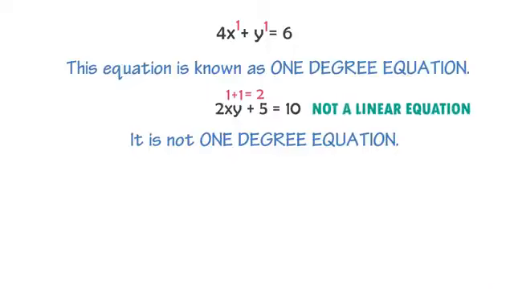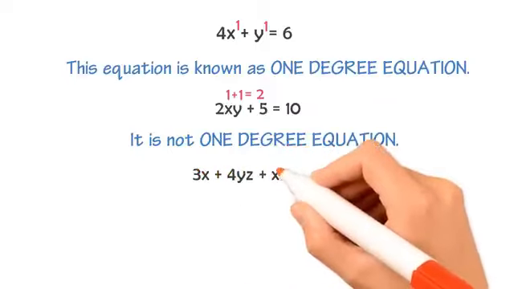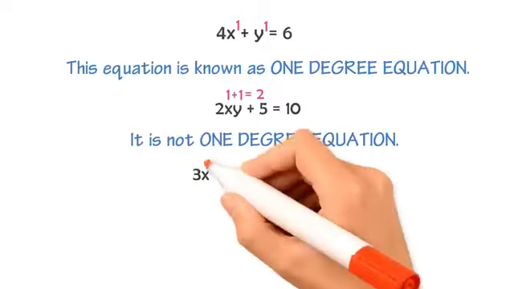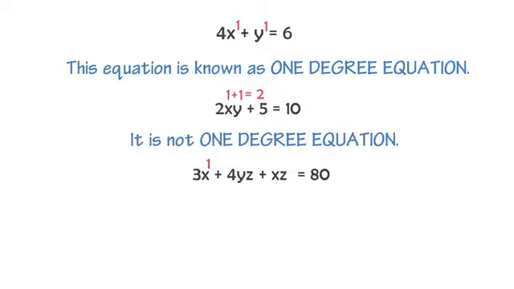Now again if I write 3x plus 4yz plus xz is equal to 80. In this equation there are four terms. The power of first term x is 1. The power of second term y is 1 and the power of z is also 1. Hence 1 plus 1 is equal to 2.